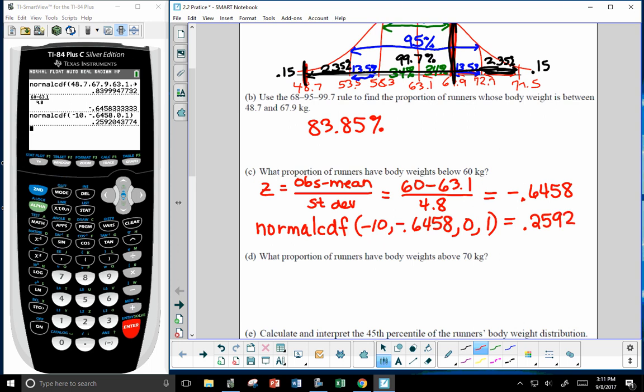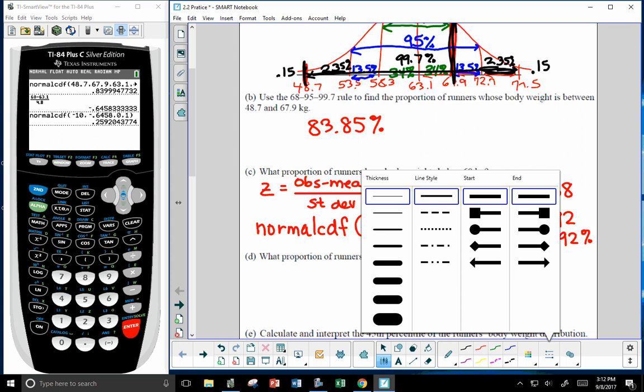And I did say that I would show real quick how I would do it the trick way. So then you could just skip the whole Z-score thing altogether. You would do normal CDF. You want to go from a big negative number, maybe negative 1,000 or negative 100 or something like that to represent negative infinity, up to the 60, and then 63.1 for our mean and 4.8 for our standard deviation.